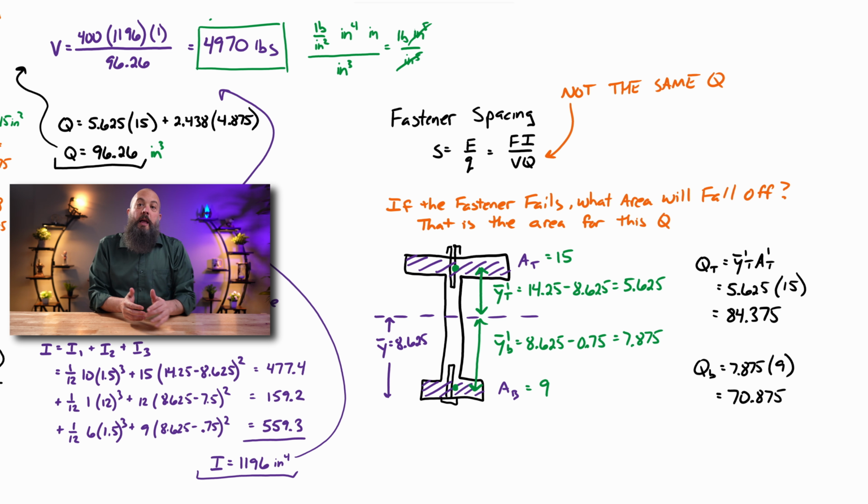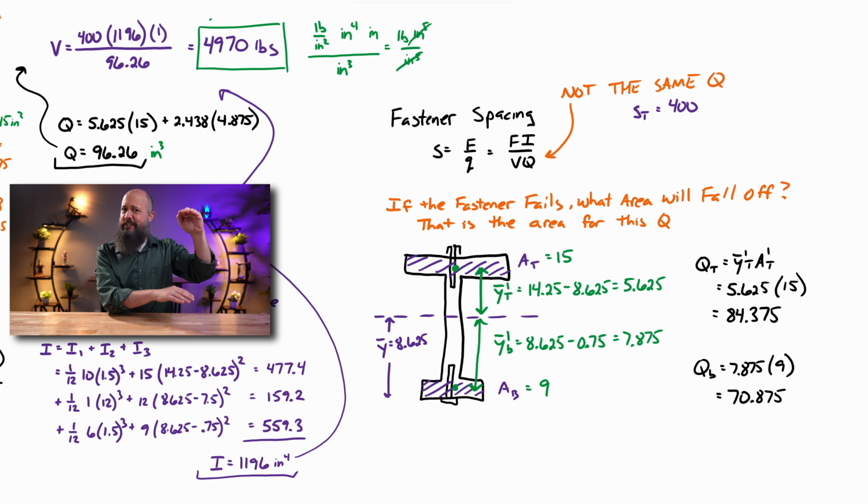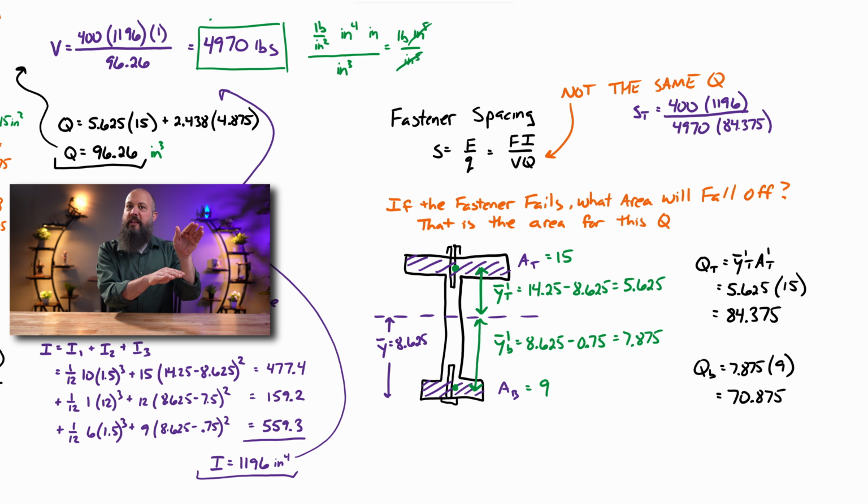And you might already be predicting, since these values for Q are different on the top and bottom, you'll actually get different minimum nail spacing for the top and bottom. They won't end up being the same. Now, the 400 pounds is the same if the nails are the same. The 1196 is the same because it's still just one I-beam, the full area. 4970 is still the same.